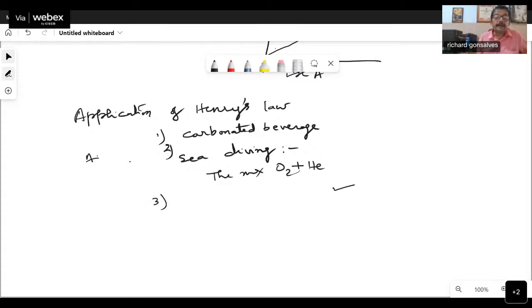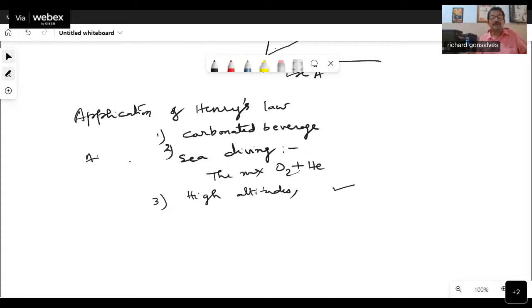Third one, if you go to high altitudes, you climb about, let us say, 15,000 feet and above. If you go there, oxygen will be very less in that setup. Therefore, you will have a breathing problem. You will become dizzy.